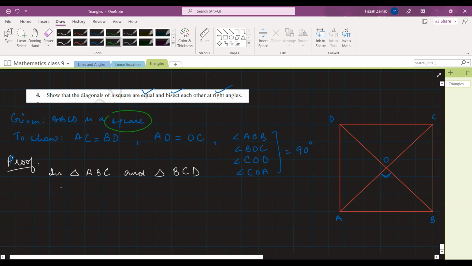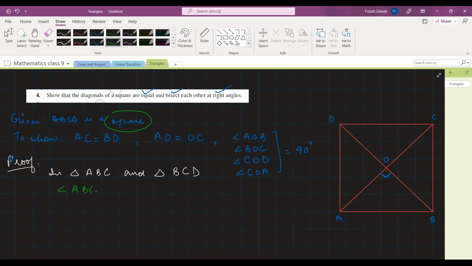So I can say that angle ABC is equal to angle DCB is equal to 90 degrees. You can write all angles of a square are 90 degree. And what else? What are the other features of a square?